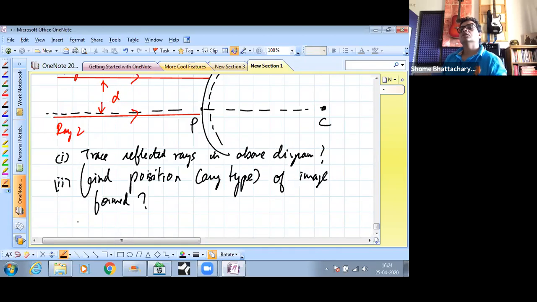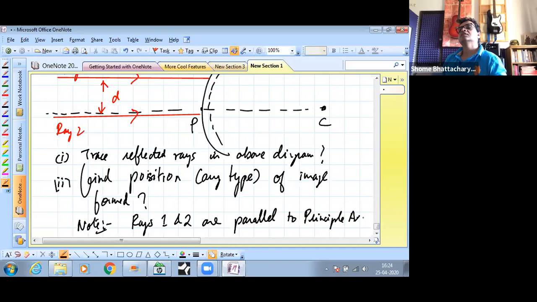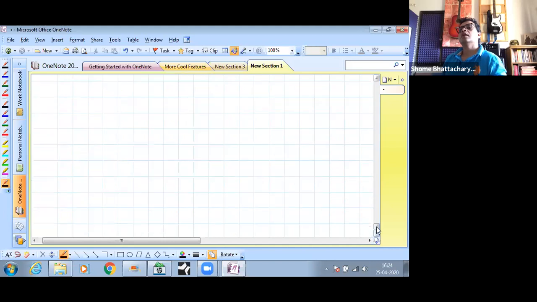So here we'll understand that rays 1 and 2 are parallel to the principal axis, such that ray 2 actually coincides with it.